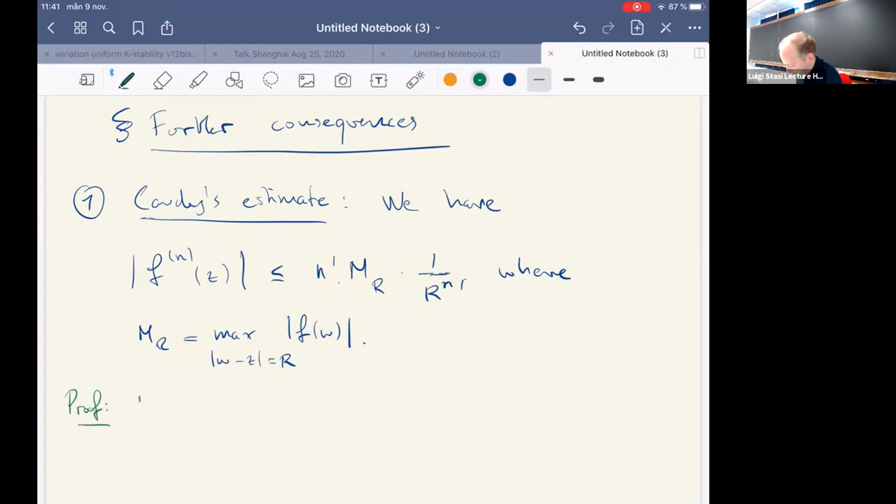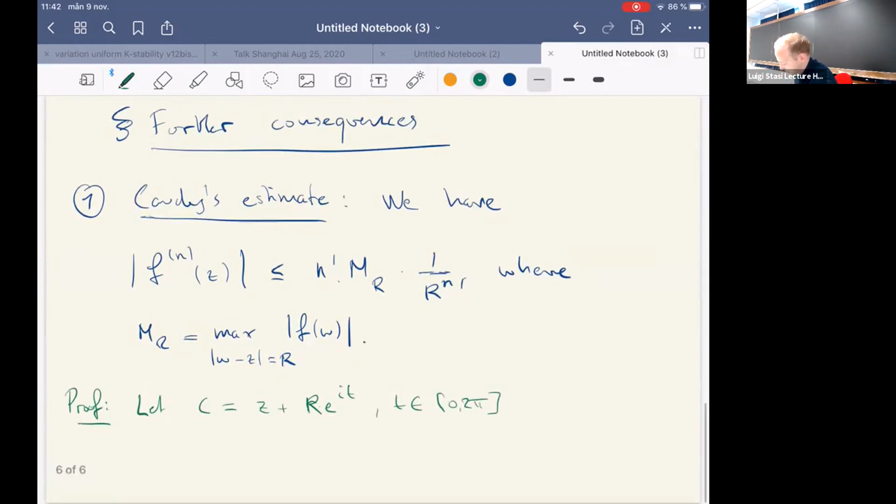So the proof goes as follows. We look at this circle. I wrote here in my notes a plus r e to the it, but I guess that can't be right. It must probably be z plus r e to the it, with t in 0 to pi.